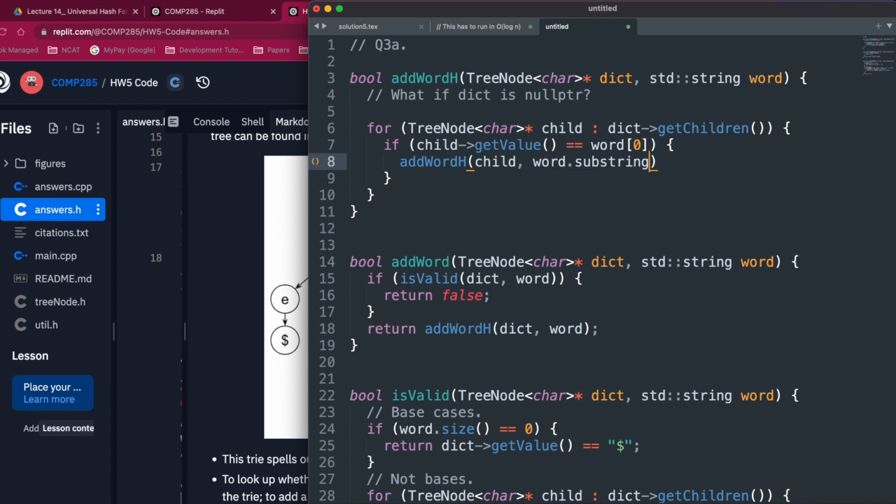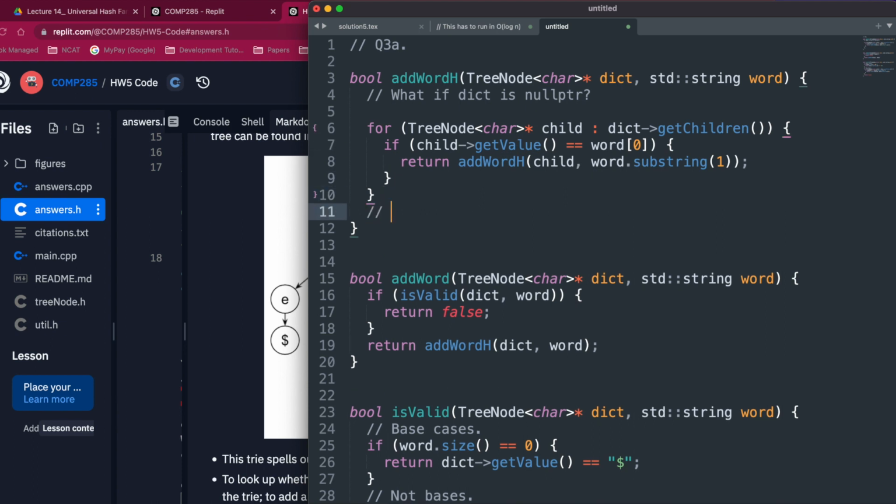So word dot substring 1 or something like that. So we go from 1 to the end of the word, and we would essentially return this. So we want to recurse on that one. Yes, that seems reasonable to me. So we check every child if the child is equal to the value.